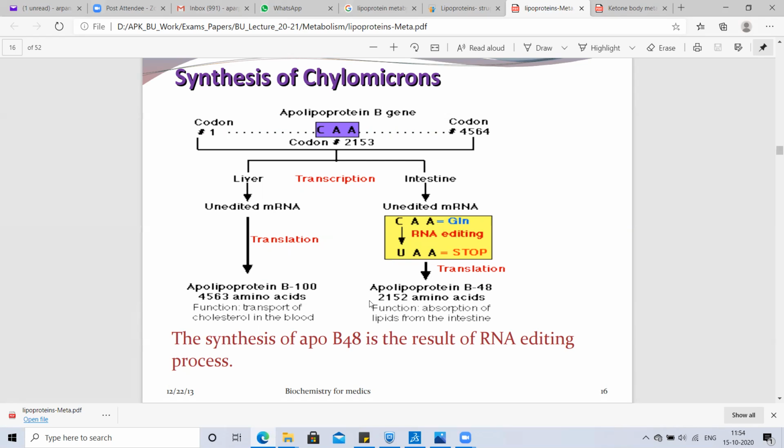So there remain only 2,152 amino acids in this protein, and it is known as apolipoprotein B48. This is present in chylomicron, and its function is in the absorption of lipids from the intestine. So the synthesis of ApoB48 happens due to the RNA editing process.